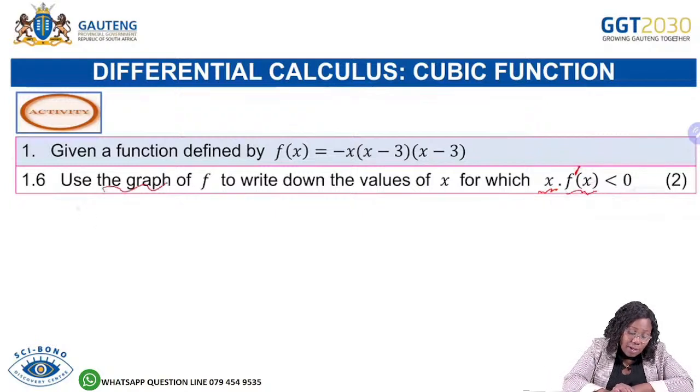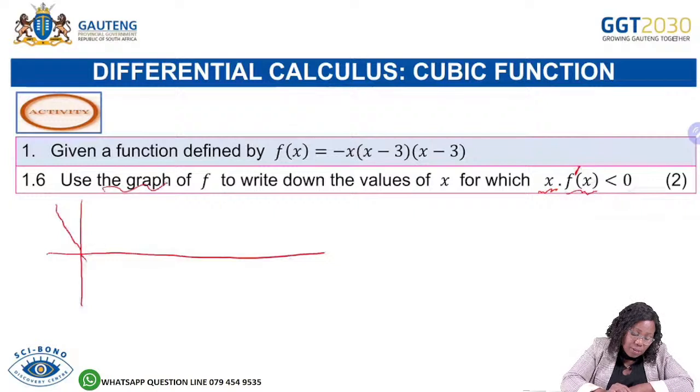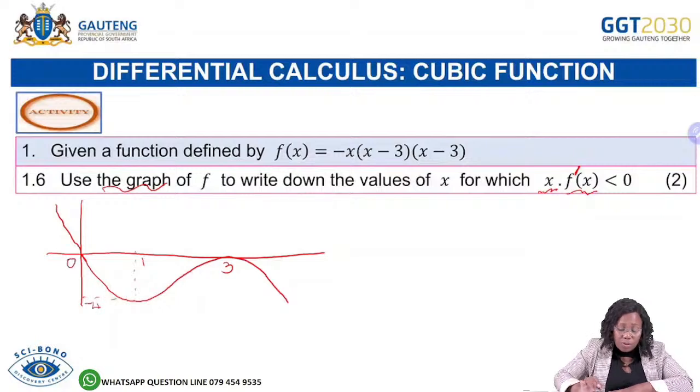Let's bring our graph here that we have just drawn above. It is turning at 3 there. So we have 3 here, we have (1, -4), and it's passing through 0 there. This is the rough sketch of the f function that we have just drawn above.